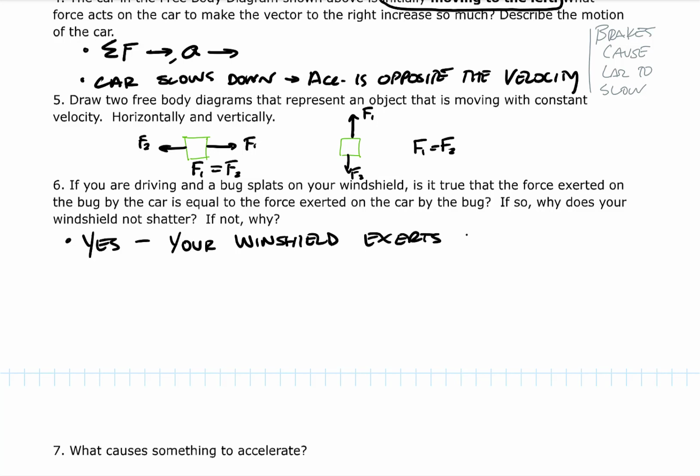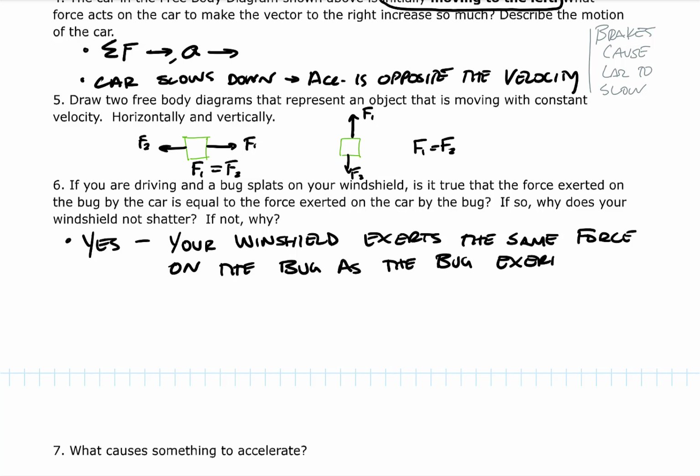Your windshield exerts the same force on the bug as the bug exerts on the windshield. That's Newton's third law. That's an equal and opposite force pair.